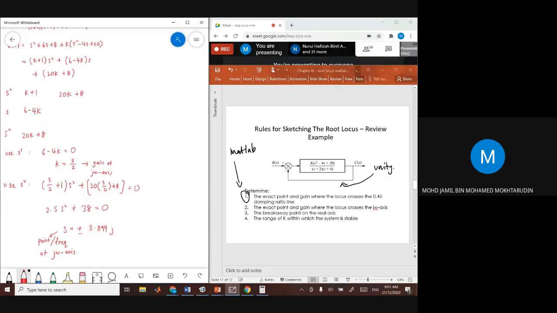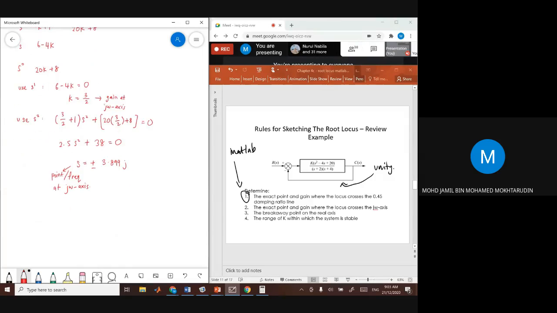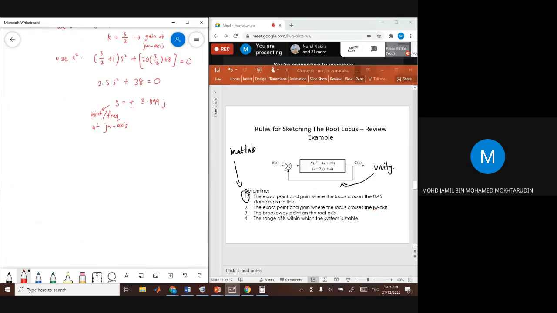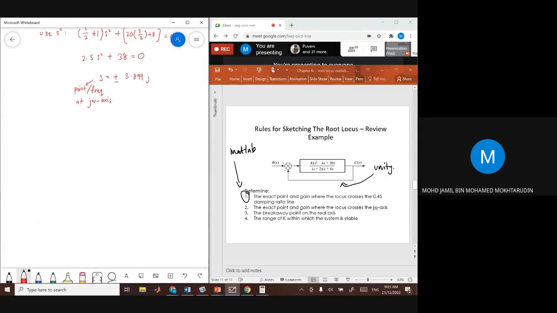Okay, so question number 3, the breakaway point on the real axis. Okay, so to find the breakaway point, you use the sum formula.